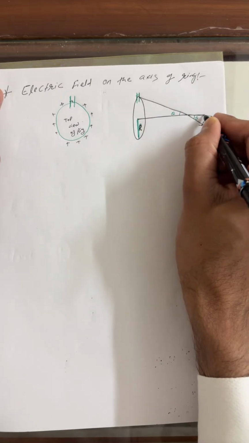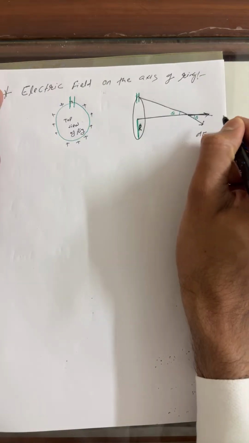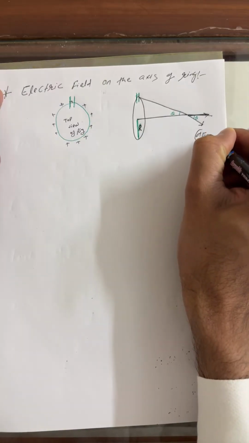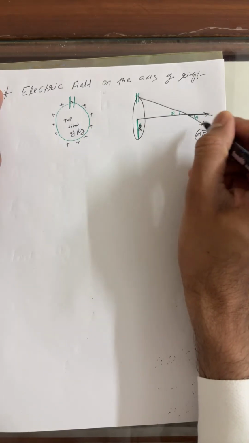So this is the electric field in this direction, the horizontal component.